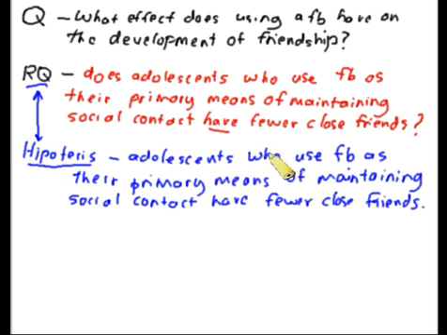The relationship between these variables, let me highlight it: adolescents who use Facebook have fewer close friends. So this is X, the relationship between X and Y, right? Can you see the difference?